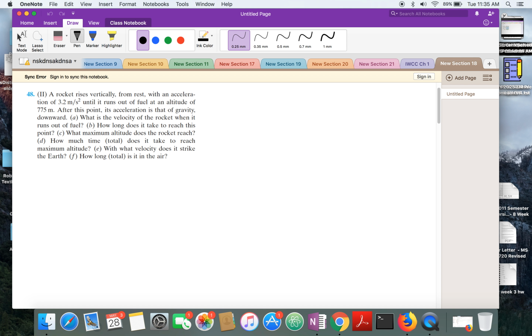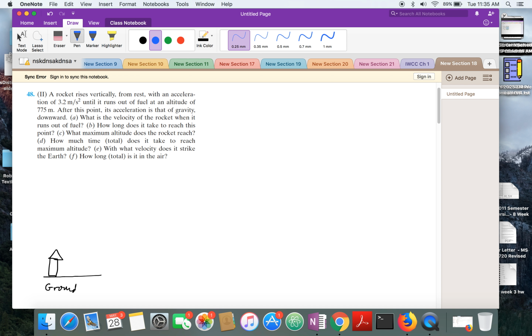The general picture is like this. Here's the ground, and here's our rocket. I'll just make it a triangle. It blasts off with a particular acceleration, so the overall acceleration is up.